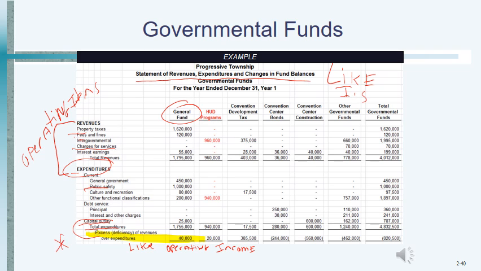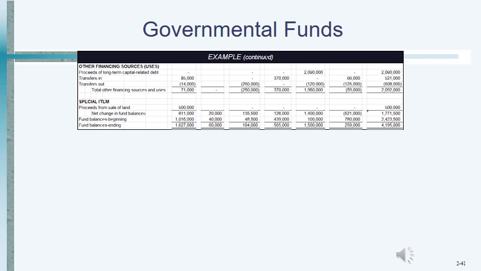Make sure you're making a note of that, because I promise you I'm going to ask you a question about that on your midterm. Coming over, then we come down and we have our other financing sources and uses, and those are sort of like non-operating, right? There's our non-operating items. Okay, and when you look at those non-operating items, remember we said what?